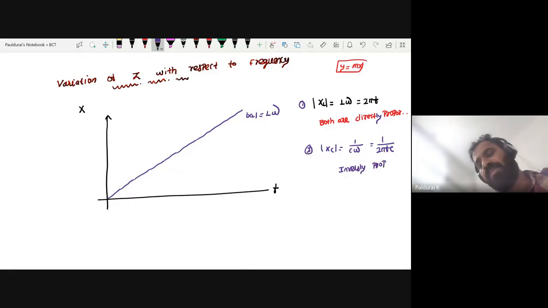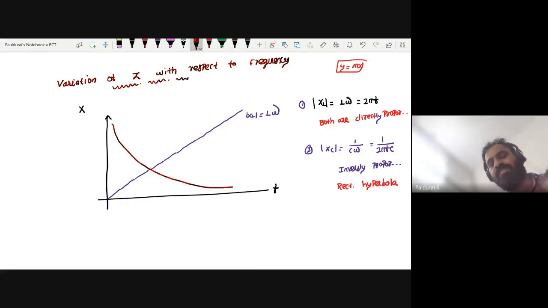Inversely proportional to each other. If we vary frequency and plot XC, what equation will you get? It looks like a rectangular hyperbola.